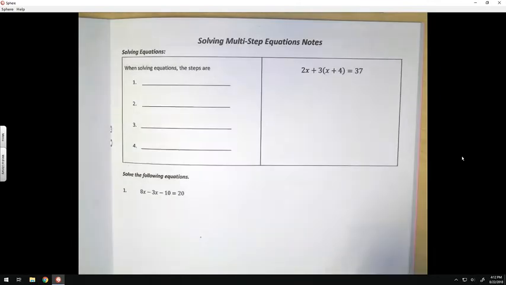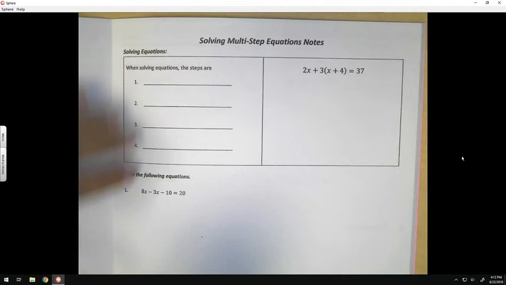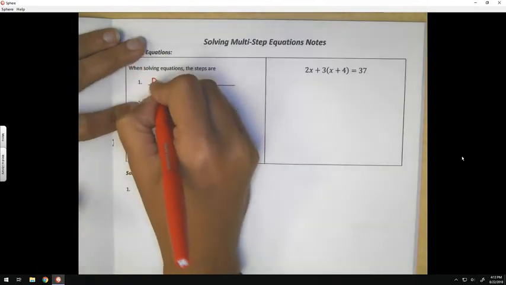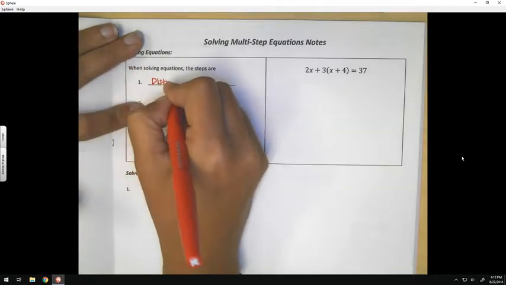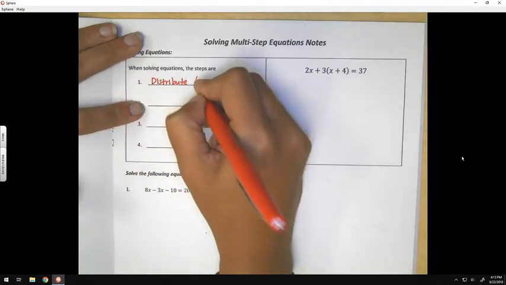When we are solving equations, we generally follow the following steps in the following order. The first thing we usually do is we distribute when necessary.